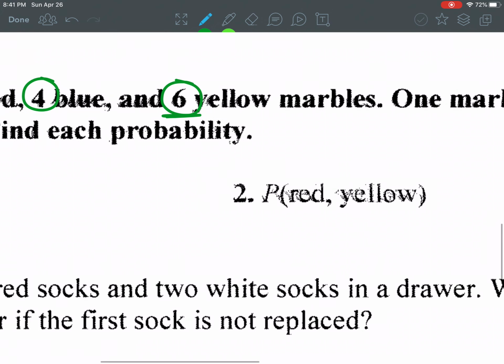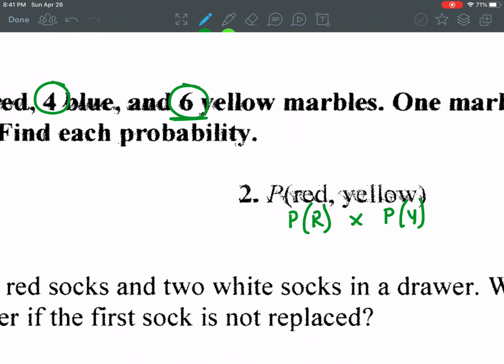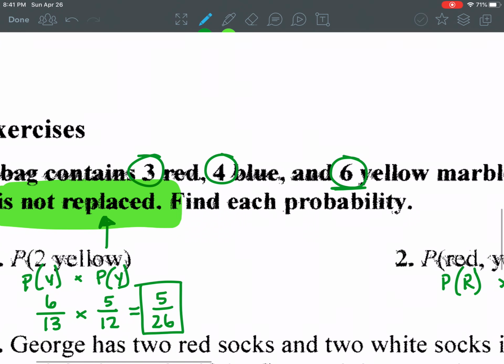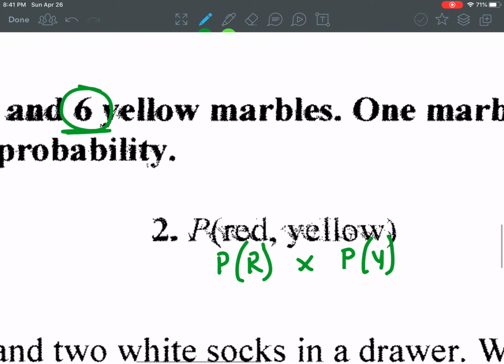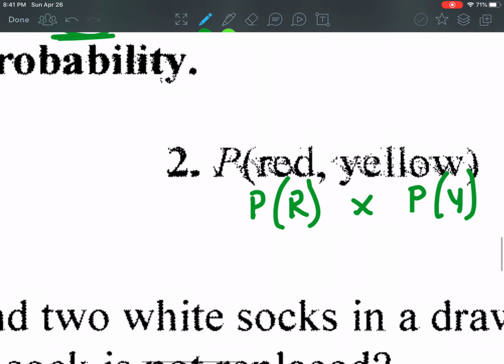So the probability that the first one is red and then the second one is yellow. So probability of the first one being red. How many red do we have? Right now we're starting a new problem, so all the marbles were thrown back in the bag. So we have 3 red marbles, and we know there was a total of 13.